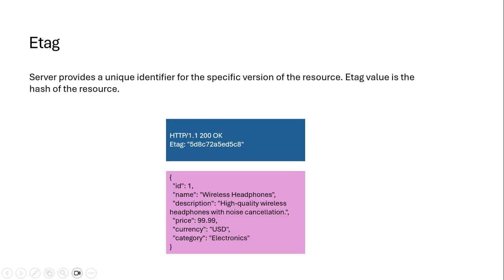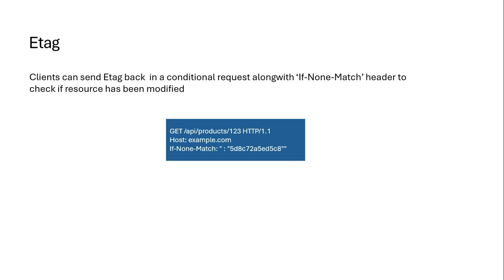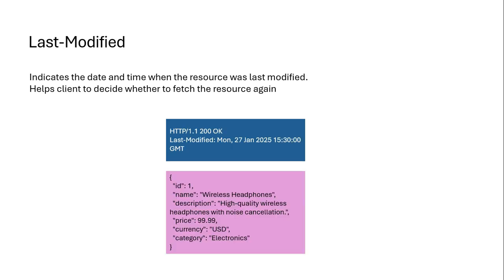Here the server sends back the hash value of the resource in the ETag value, and the client can send back the same thing in a conditional request to check if the resource has been modified. Last modified indicates the date and time when this resource was last modified. This can help the client decide whether to fetch the resource again or not.